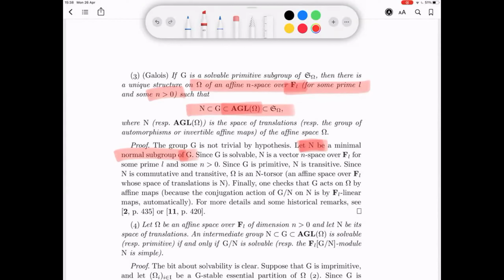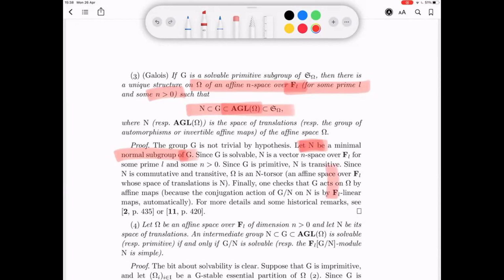X goes to AX plus B. Similarly, if you have a vector space of dimension n, then you think of column vectors, X going to AX plus B, where A is an invertible n by n matrix, and B is some column vector. So that's what an affine transformation is. Okay.